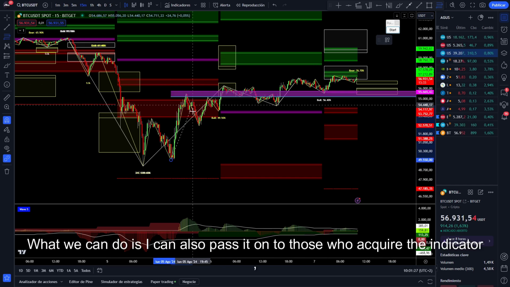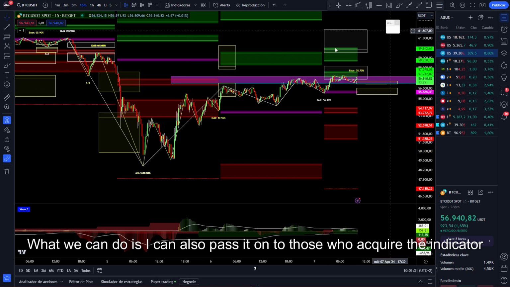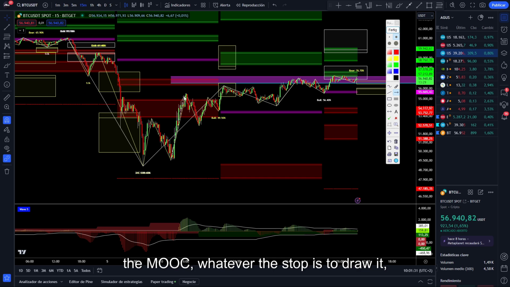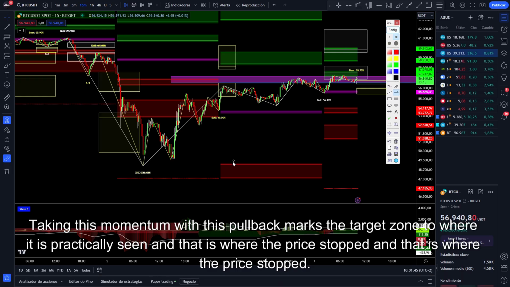What we can do, and I can also pass it on to those who acquire the indicator, is to draw the target manually. We draw the target manually and see how taking this momentum with this pullback marks the target zone to where it is practically seen.